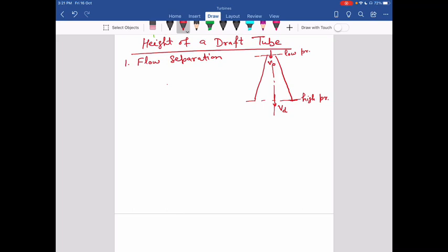Okay, now if we have a low height or less height of this draft tube, then what happens? If this draft tube has low height, now you can see, to reduce this Vd, we have to increase the angle.